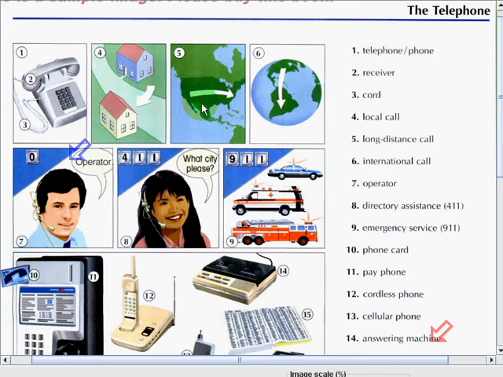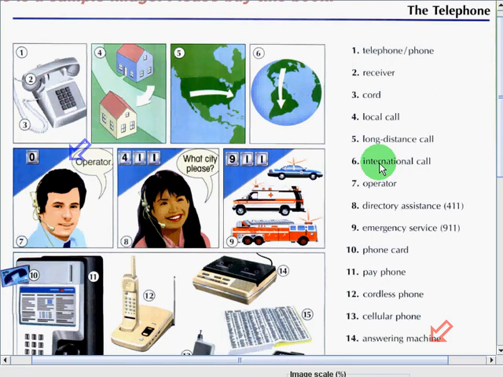Now we go to number 6, international call. Can you say that again? International call. You can also pronounce this word as international. When you say international calls, these are calls that are made between different countries.